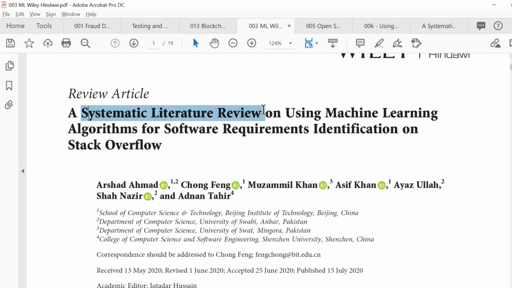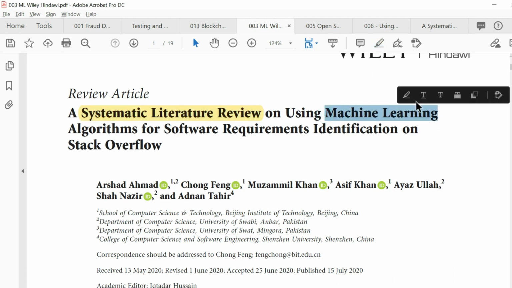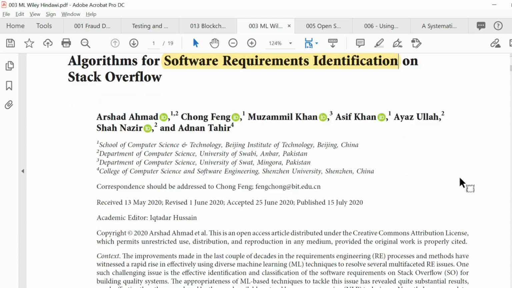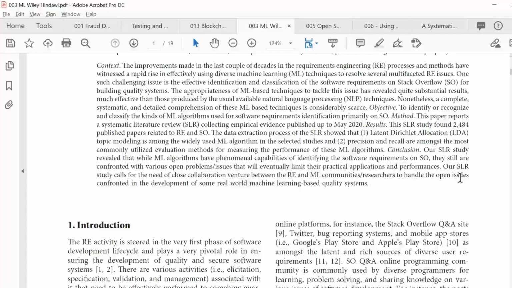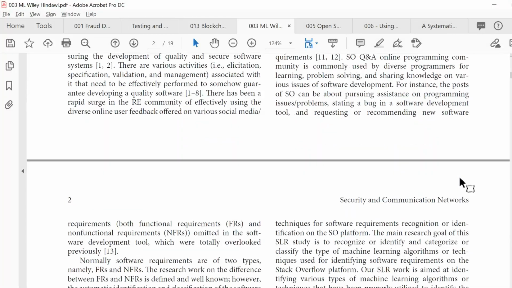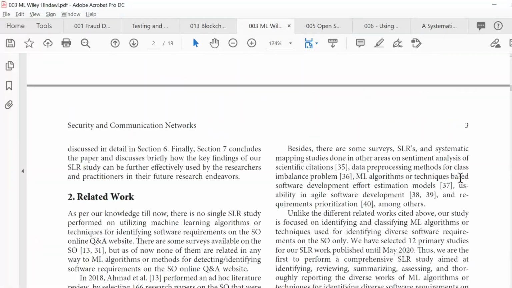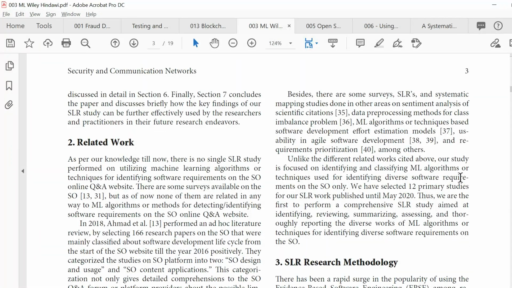A systematic literature review on using machine learning for software requirement identification. So by reading the title, it is very clear what I will be expecting when I read this paper. So within this paper, let's see where they have got their existing or related work.